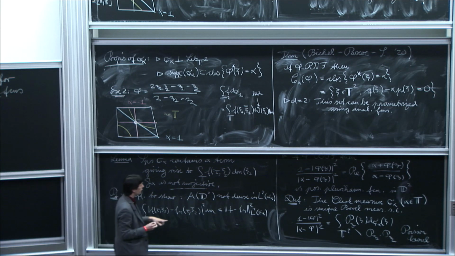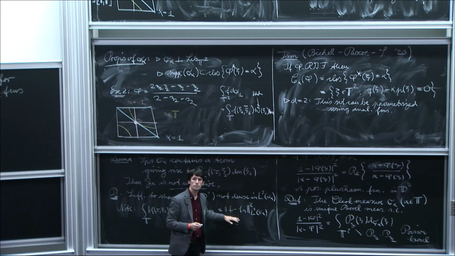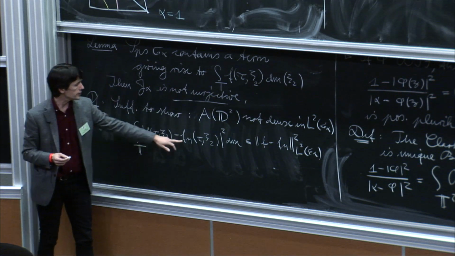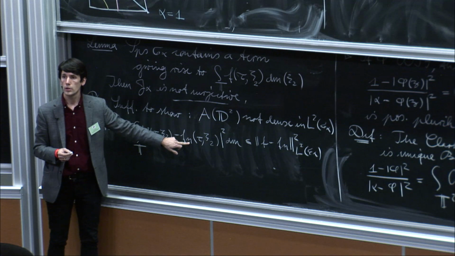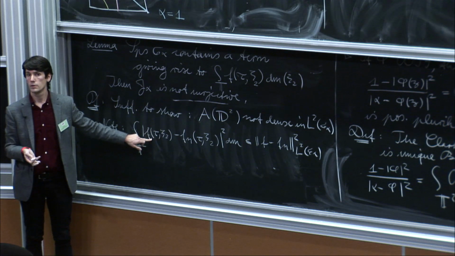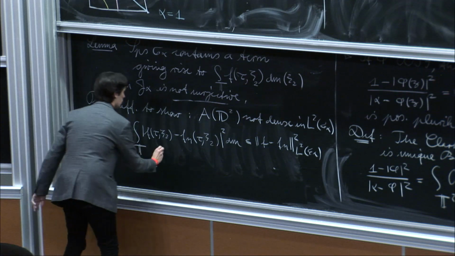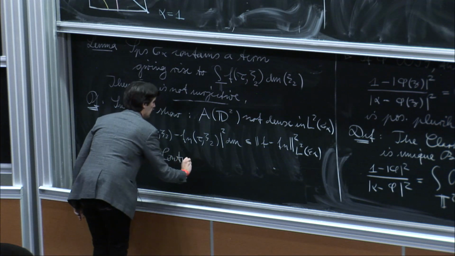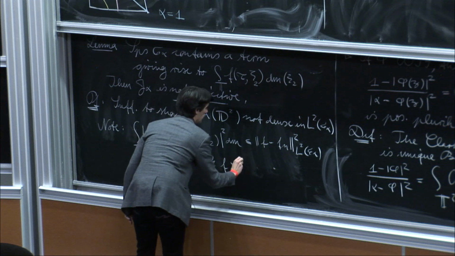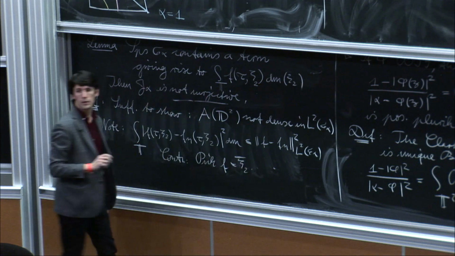Now, if you have a sequence that tends to 0 in this norm, then this term is going to force, and these f_n's are in the bidisk algebra, then that's going to force the limit function to be analytic as well. So now you get a contradiction if you pick f equals zeta 2 bar.